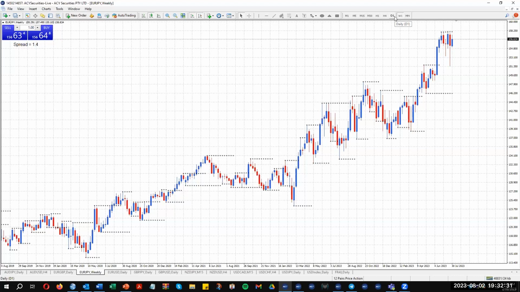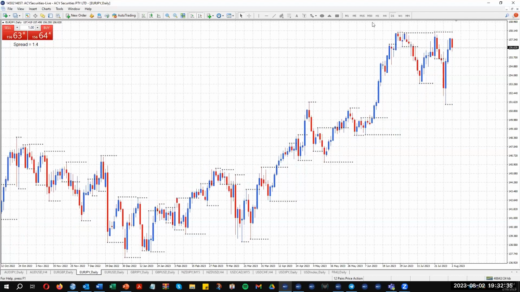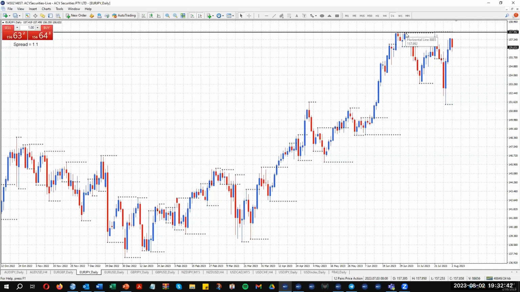That's why I'm saying it's difficult to maybe get your mindset to get ready to go short. But on the day chart up here, you can see that we form a very little minor double top to trade down. And we come up and form another double top or a triple top here.